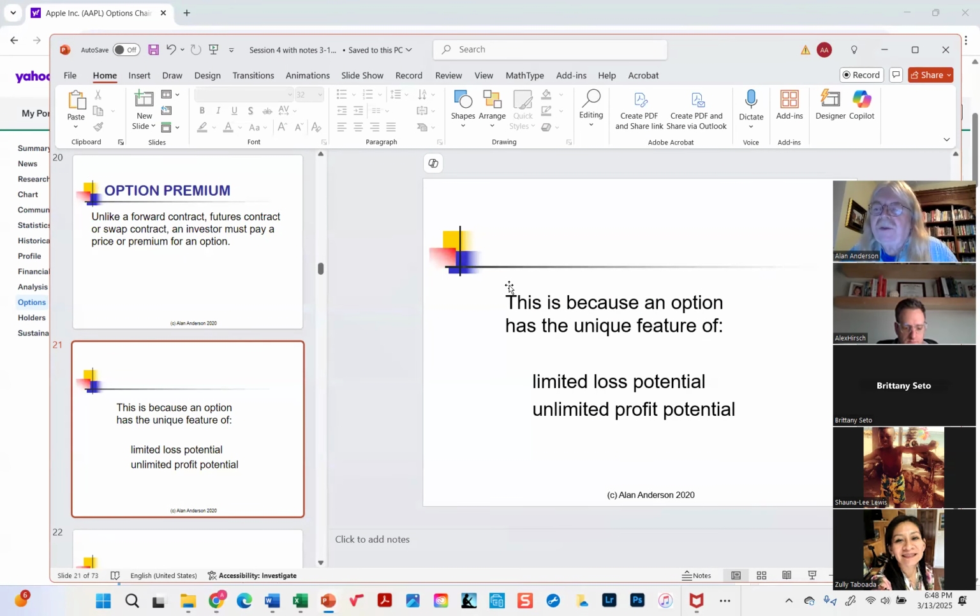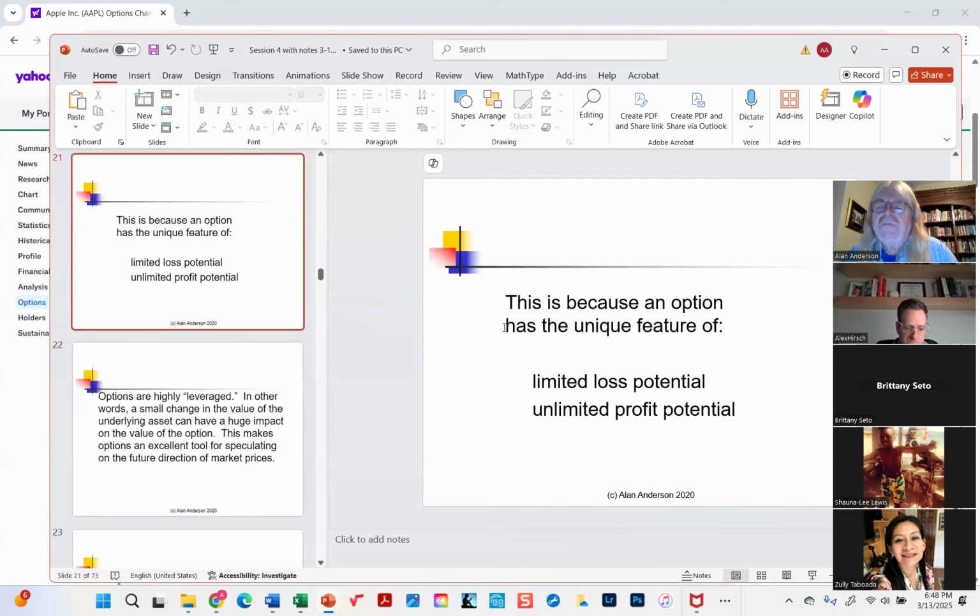So why are we paying for this option, by the way? It's because since we can walk away from an option, it has a maximum loss, which is the amount that you paid for it. And in principle, there's no maximum profit. In other words, in principle, you can make an unlimited amount of money.